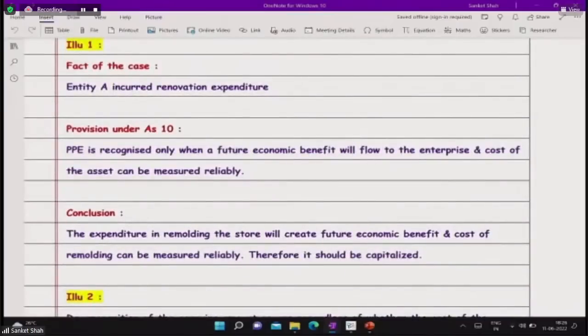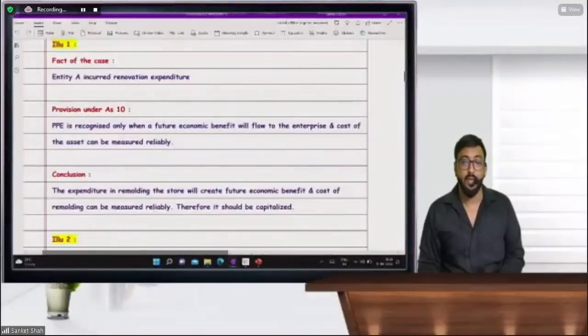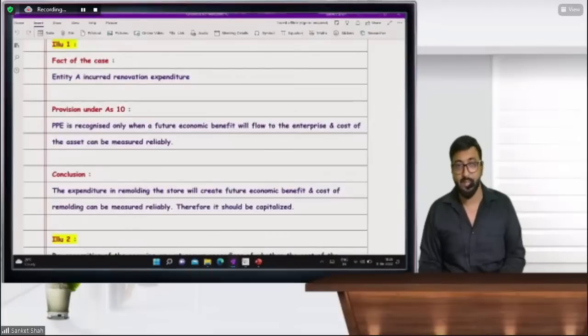The fact is that the entity incurred renovation expenditure. So the facts are very easy. Provision: PPE is recognized only when future economic benefit will flow to the enterprise and cost can be measured reliably.